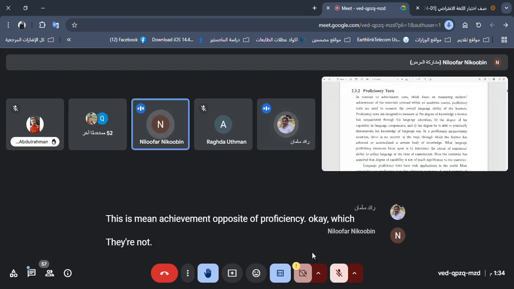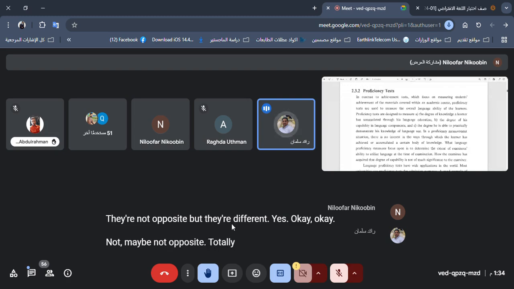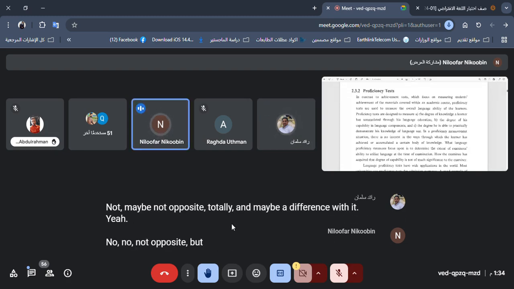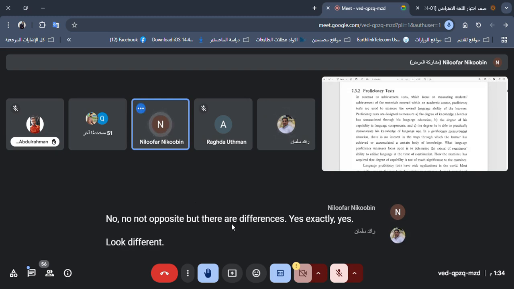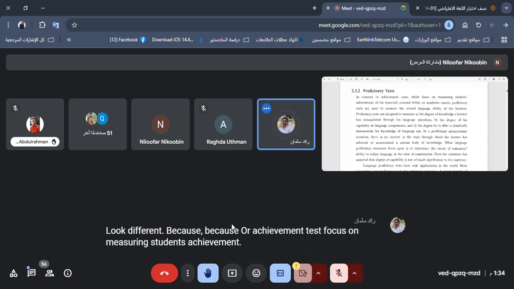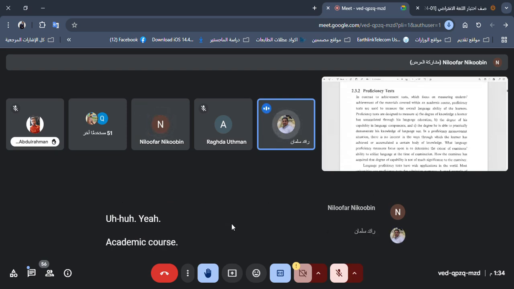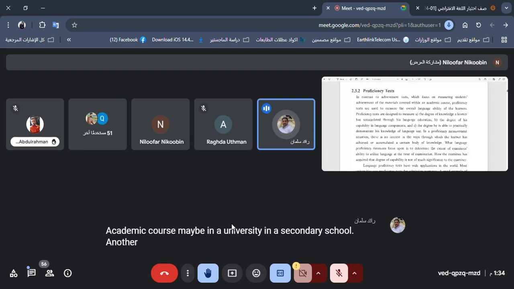Maybe not totally opposite, but there are differences. Exactly, different, because the achievement test focuses on measuring students' achievement of material covered within an academic course, maybe in a university, in a secondary school, or another place.